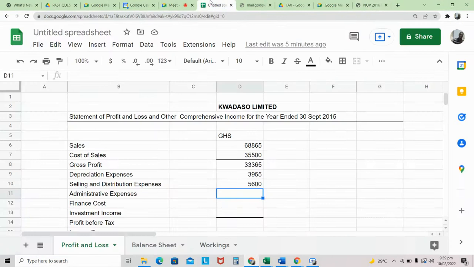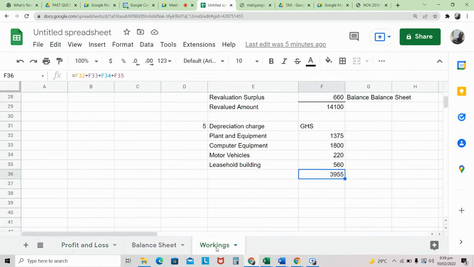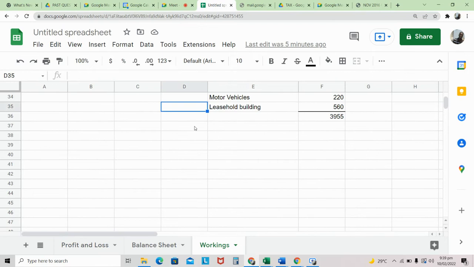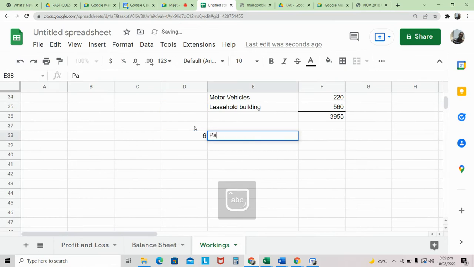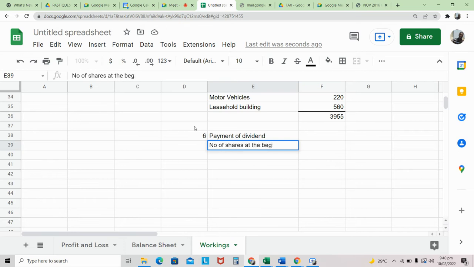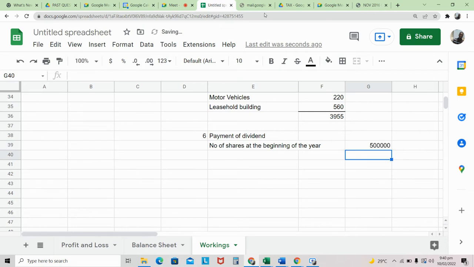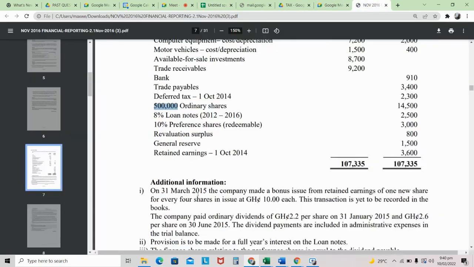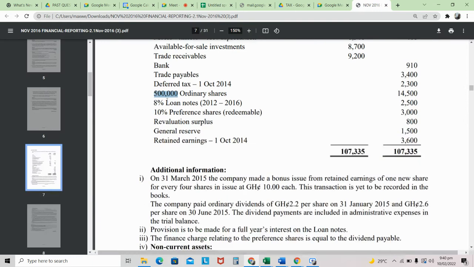Okay, so let's do some little workings here. This is the payment of dividend. So number of shares at the beginning of the year: the company had 500,000 shares at the beginning of the year, which is this figure, 500,000 shares.